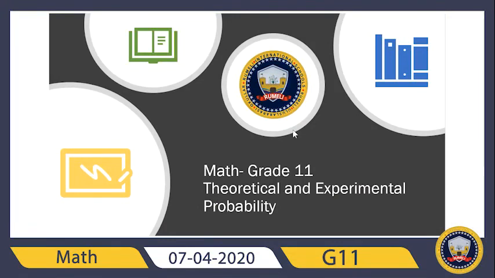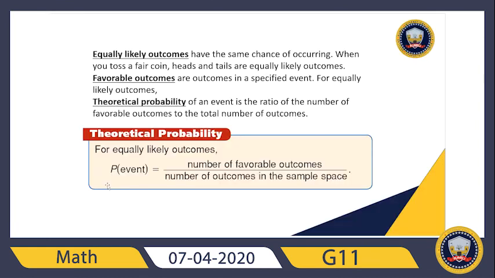Hello everyone, today we will continue our talk about probabilities and its types. As we said at the last class, if we want to define the probability of any event, E, we need the number of favorable outcomes of this event, and we divide over the number of outcomes in the sample space.